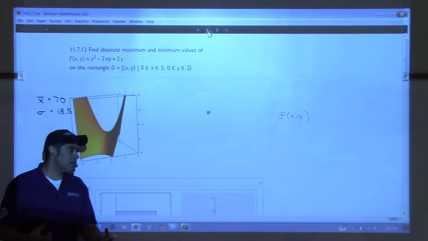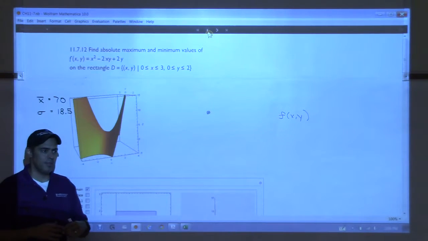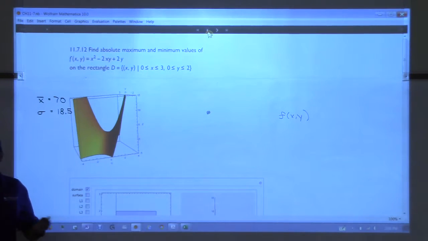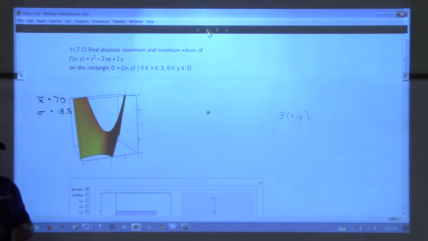Or if we're not on a closed bounded set, then we can find local maximums and local minimums using that calculation of capital D. Okay, those are the 2 things that we have. Now on the test that you just took, we only did a problem that had capital D on it. We didn't have a problem that had closed bounded set. So that will be on the final.